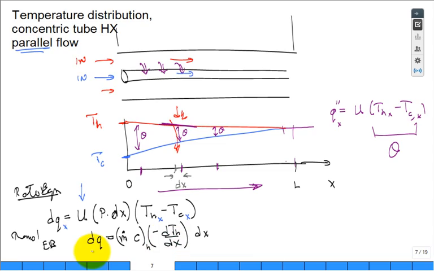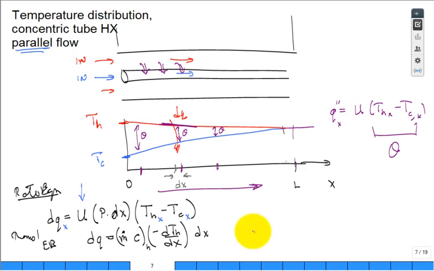Maybe it's a little hard to see at first, but this is nothing but an energy balance statement for the hot fluid. Something came in, something came out of the hot fluid that was dQ. That's a positive so many watts of heat transfer. It results in m dot C times dT/dx times dx.